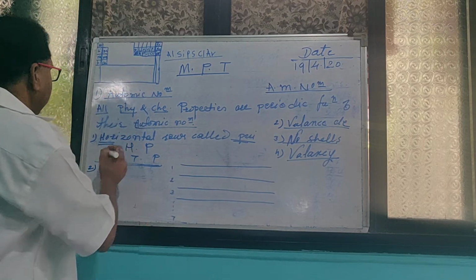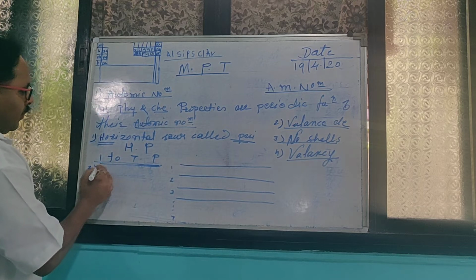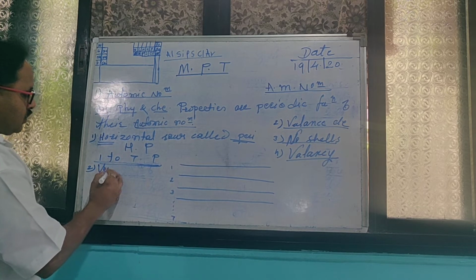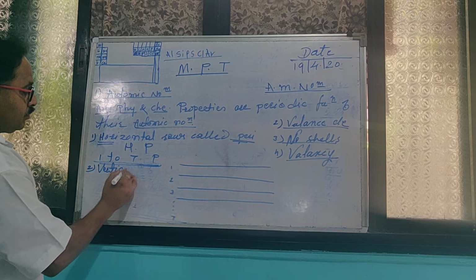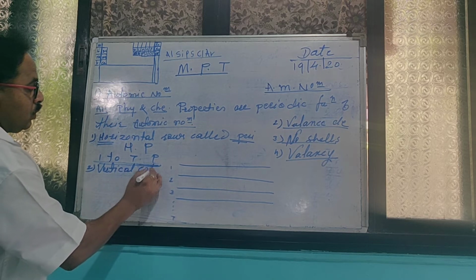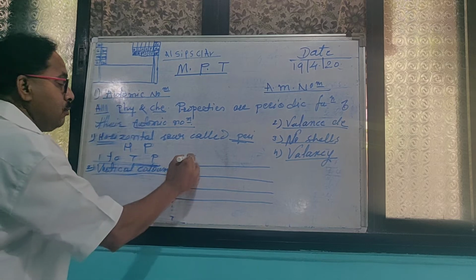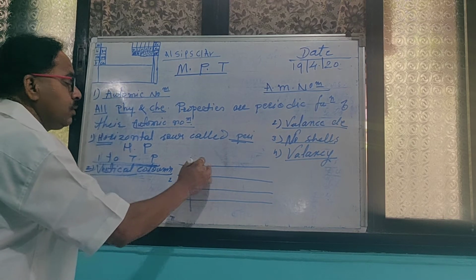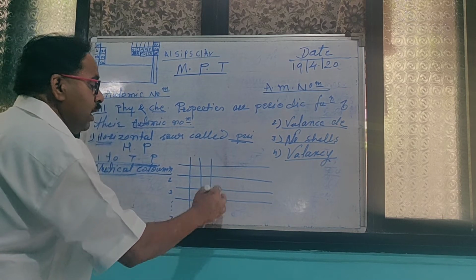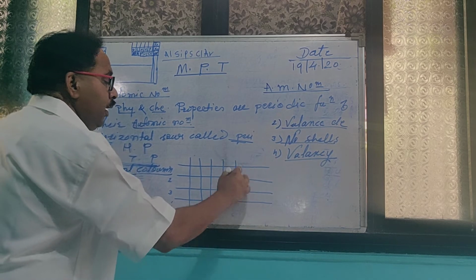Then second thing, vertical columns, like this. You see the vertical columns.